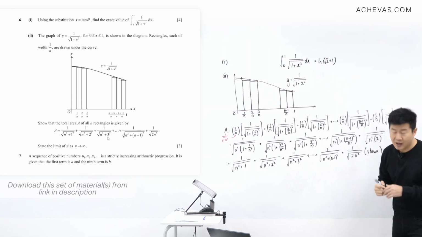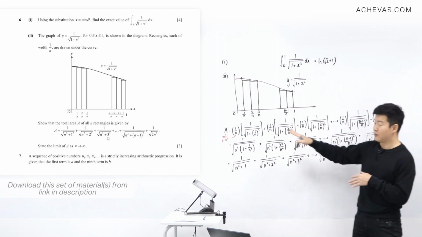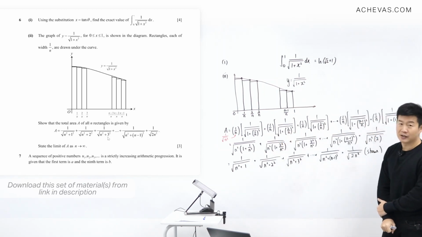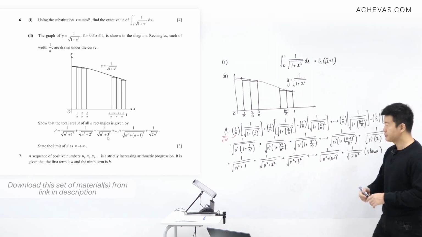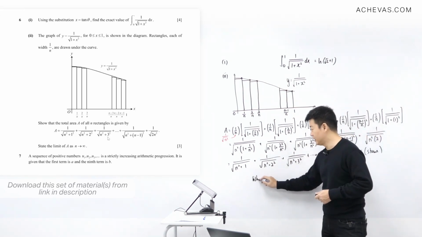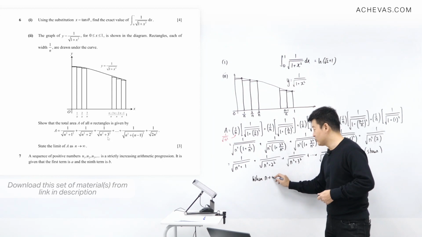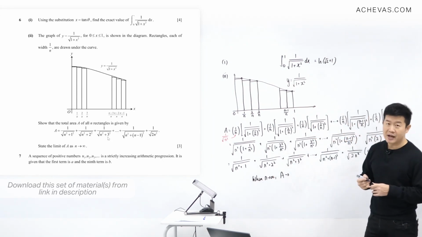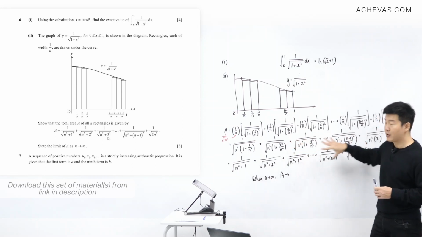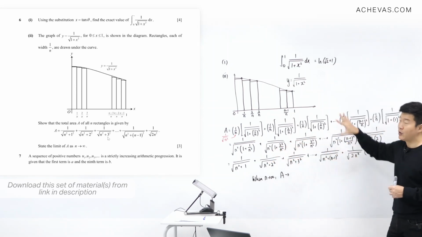And the very last part, we are supposed to be talking about the limit of A when n tends to infinity. What will happen when n tends to infinity? A will become the sum of all the rectangles.